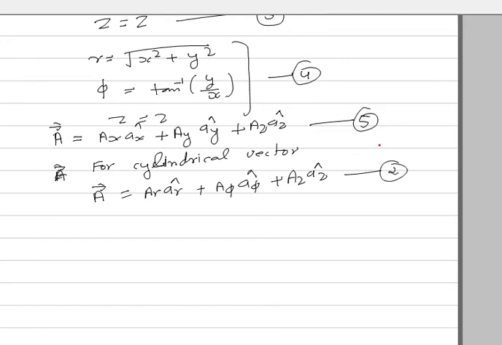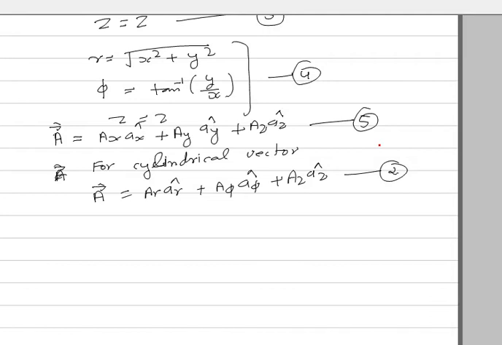The second step is, first of all, we calculate the values of ar, a phi and az. After determining the values of ar, a phi, az, put these values in equation 2, and then this equation will be converted into a cylindrical vector.